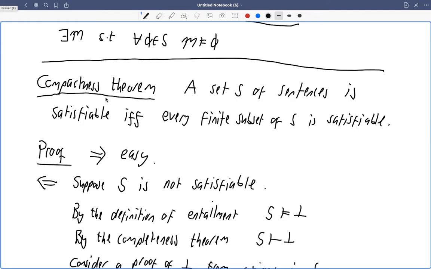So this is a rather important property of predicate logic, and in a sense using this property we can learn something about limitations of the expressivity of predicate logic.